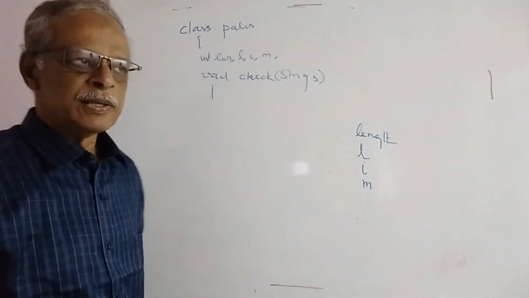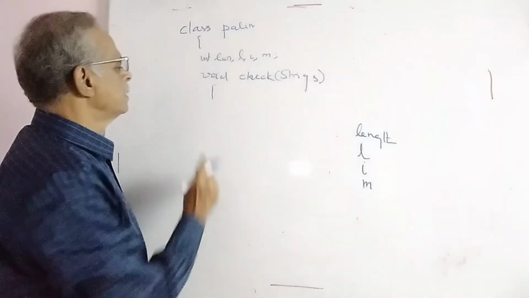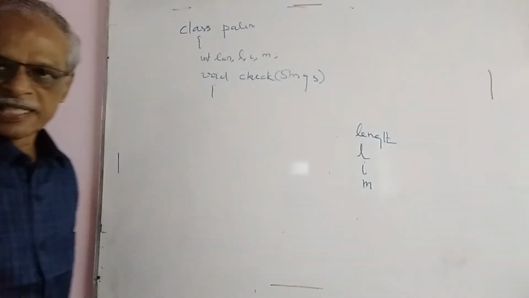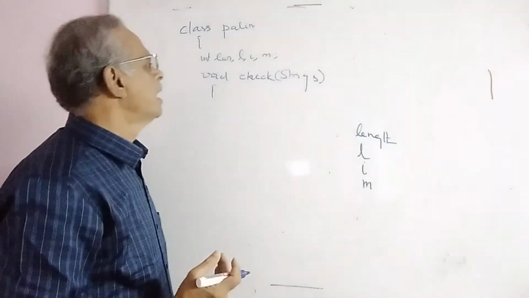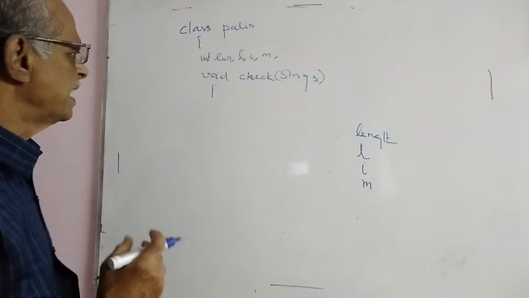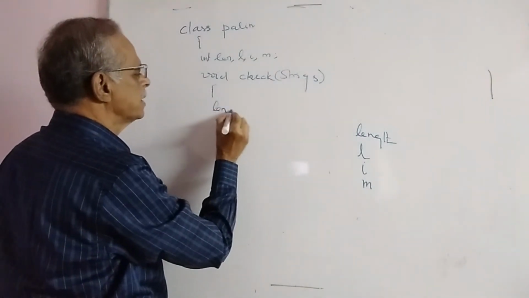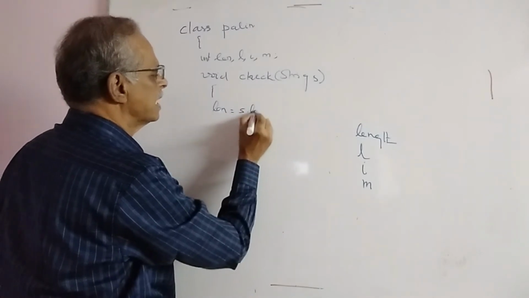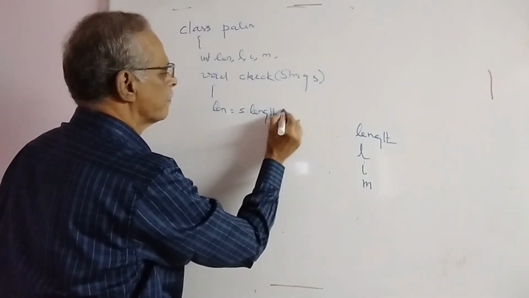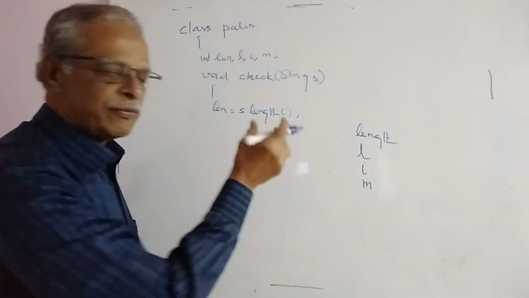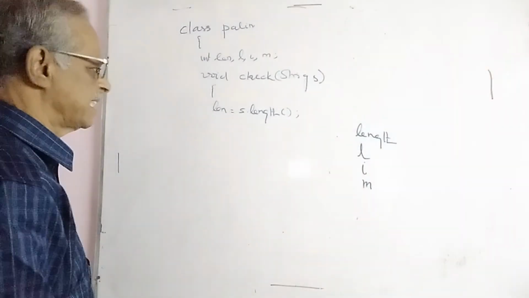There are several methods in a class. We need to find the length of s. len equals s dot length, which gives the number of characters in this string.